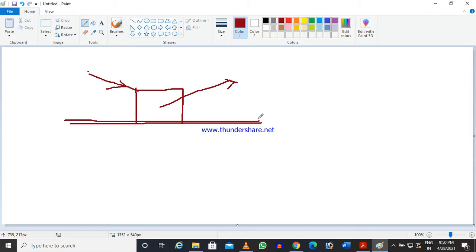Let us try to infer it from the concepts we have learned so far. First we consider the first case, where we are trying to move the block by pushing. So actually this force is acting like this, and we can split it into two components. One is the horizontal component; if this is theta, this will be F cos theta.